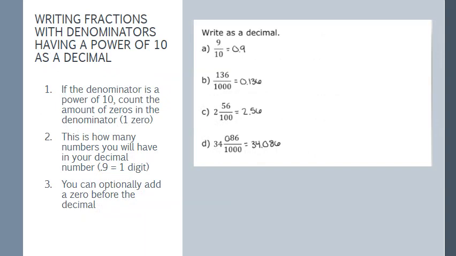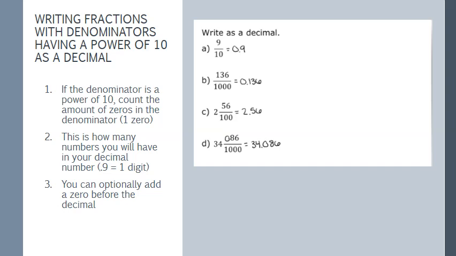Denominators having the power of 10, and we're writing the fractions as a decimal. This is probably the easiest way that you can convert, because basically the shortcut is if your fraction has a denominator that is a power of 10, each one of these examples have a power of 10 in the denominator. All you have to do is look at the denominator, and you have to look to see how many zeros are in your power of 10.